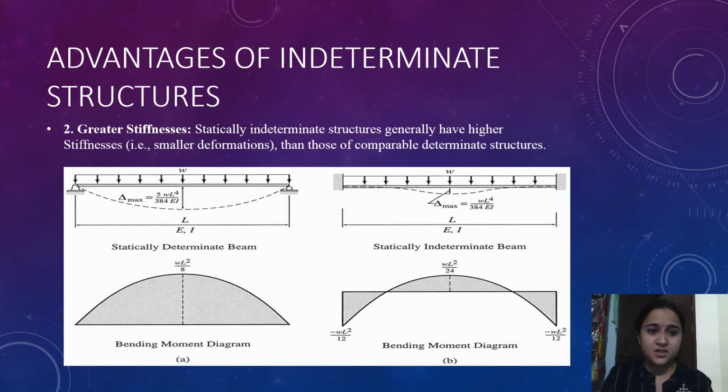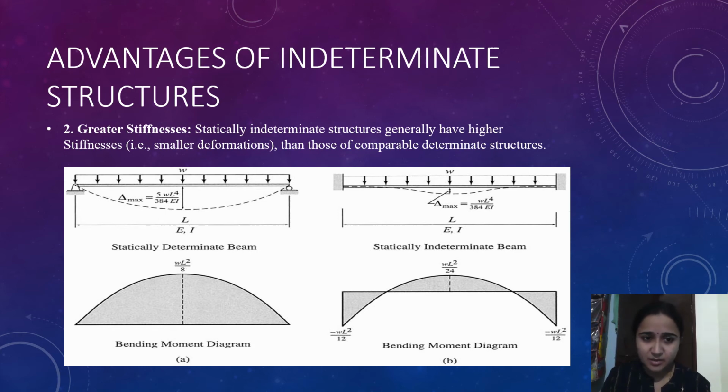Next, the greater stiffness. Statically indeterminate structures generally have higher stiffness, that is, smaller deformations compared to determinate structures. Now here you can see the deflection. For simply supported beams loaded with UDL, we know the standard case: the maximum deflection is 5 by 384 WL raised to 4 upon EI.